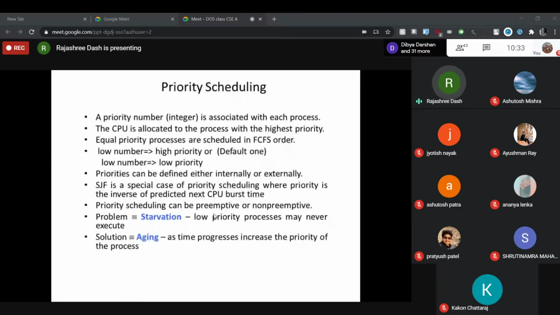Considering all those factors, the operating system sets the internal priority of a process. External priorities are set by criteria external to the operating system, like the importance of the process, the type and amount of funds being paid for the computer use, the department sponsoring the work, and others. So, considering the external factors, the external priority is set.